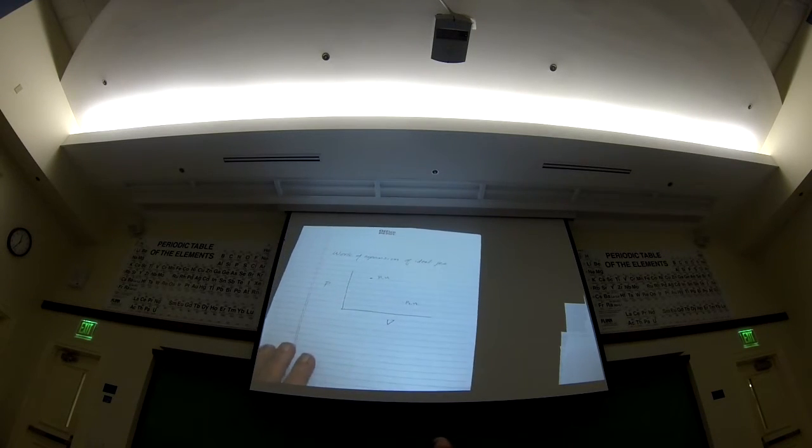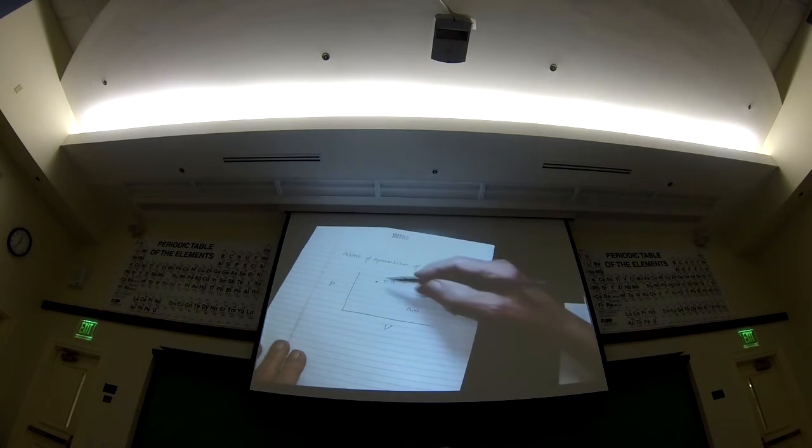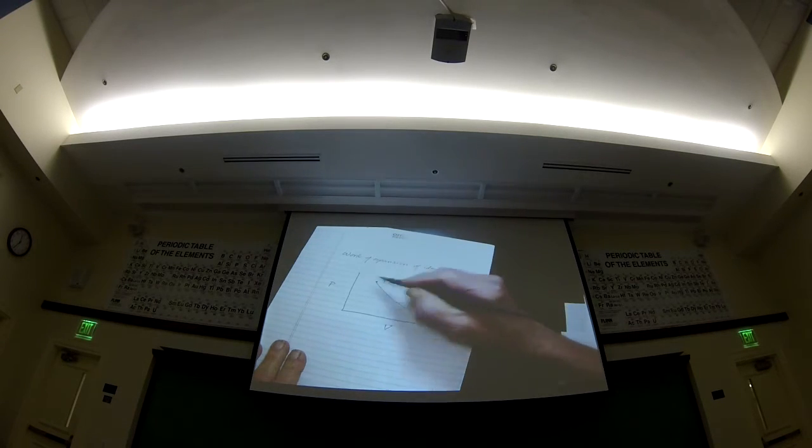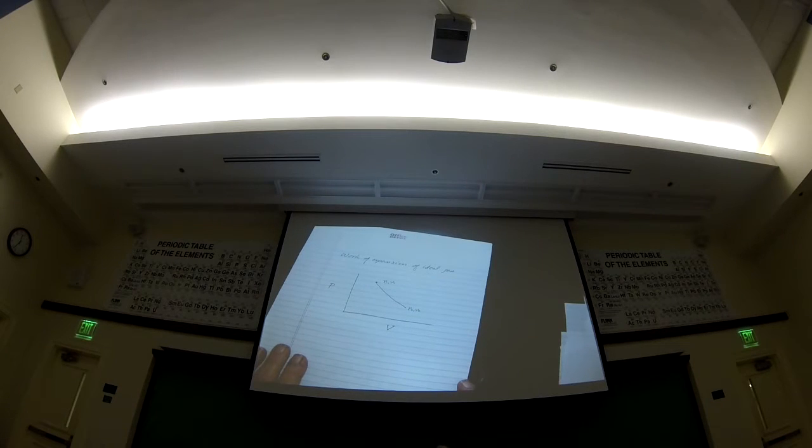And if I do this at constant temperature, then to get the maximum work, the area under this curve, I would follow Boyle's law, PV equals a constant. And we said we had the little imaginary apparatus, a frictionless, weightless piston plate.